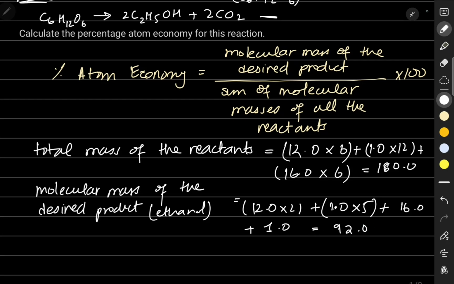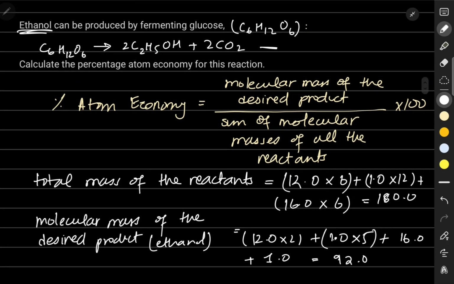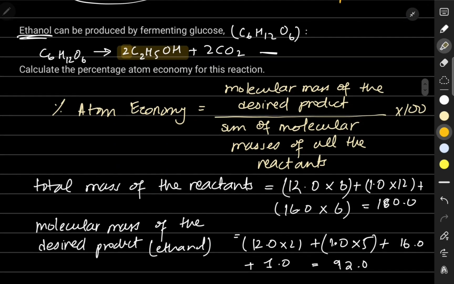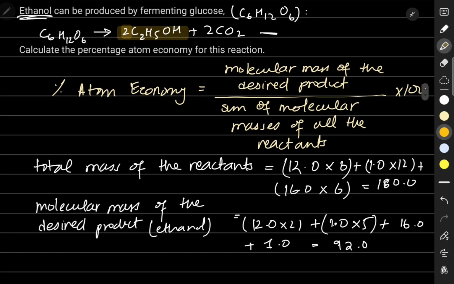Now if you go back in the equation and see the desired product, it has 2 moles being made. So you're going to have to multiply the mass of the product, which you just calculated. In fact, this is not going to give you 92, this is going to give you 46.